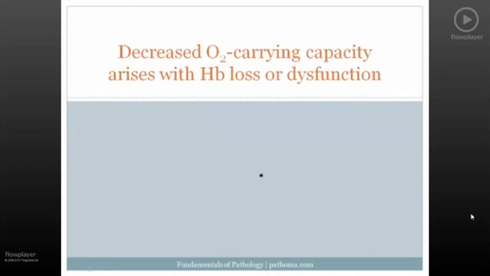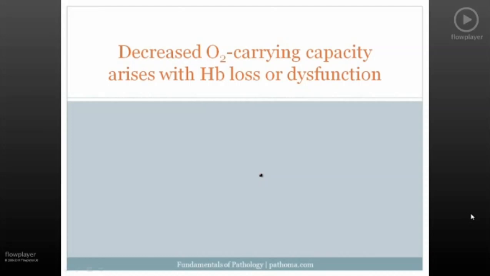A third way by which we could create hypoxia, or by which hypoxia occurs, is to have a decreased O2 carrying capacity within the blood. Now, in order to understand this, remember that the dissolved oxygen within the blood actually enters the red blood cell and then binds hemoglobin. And it's hemoglobin that actually has the role of carrying oxygen to the tissues and eventually unloading it at the level of the tissues.